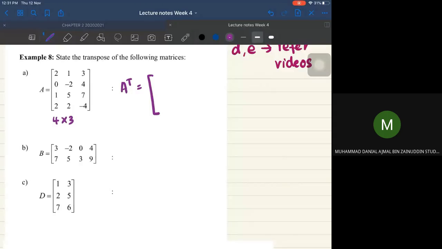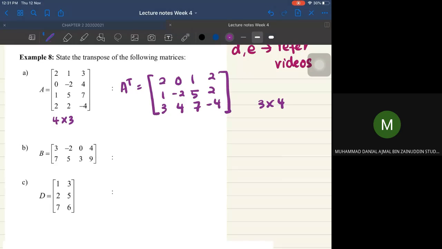So the first row akan jadi the first column. Okay, so you will have 2, 1, 3, 0, negative 2, 4, 1, 5, 7, 2, 2, negative 4. Okay, so this is 3 by 4.